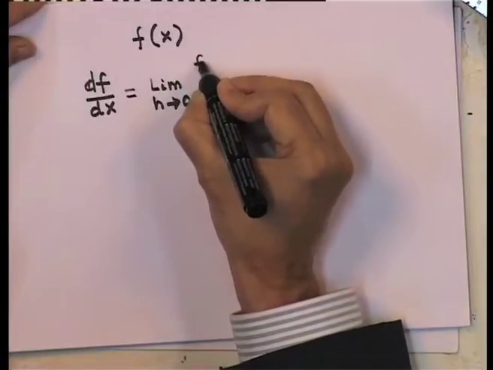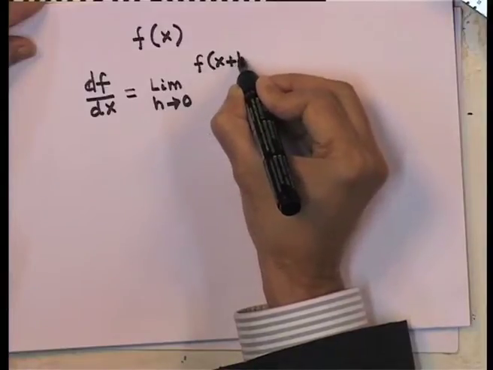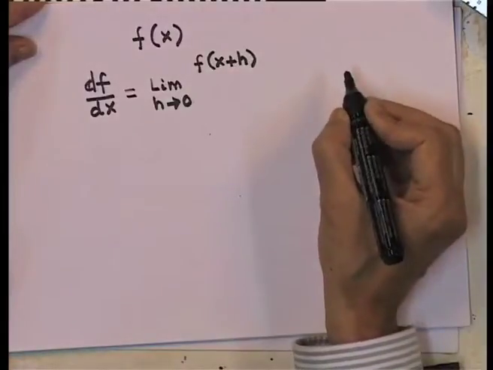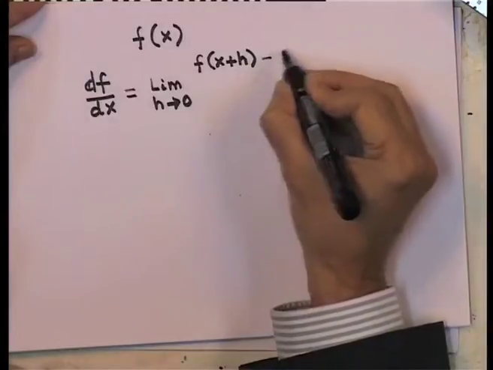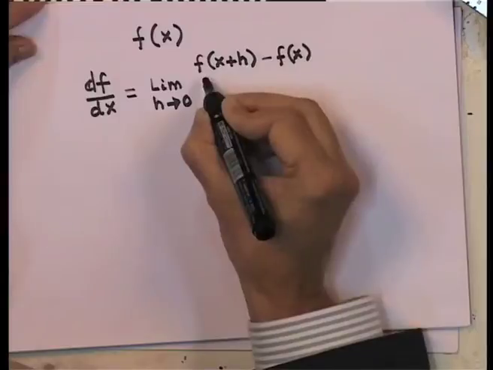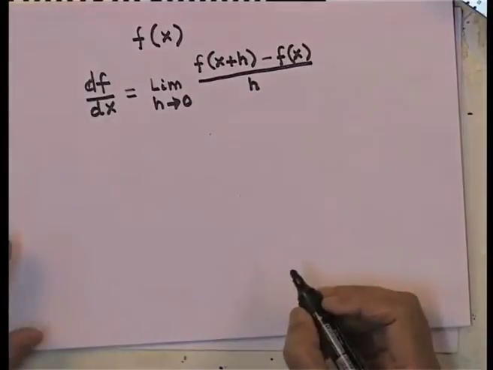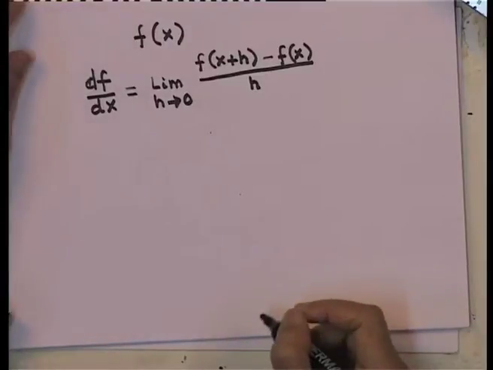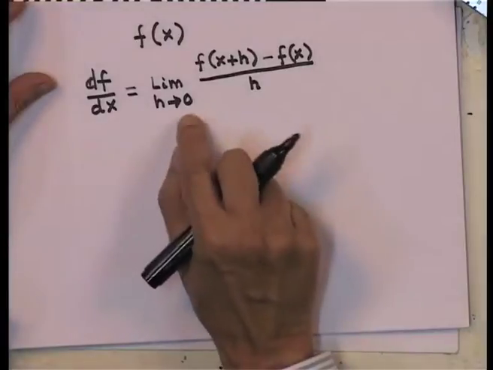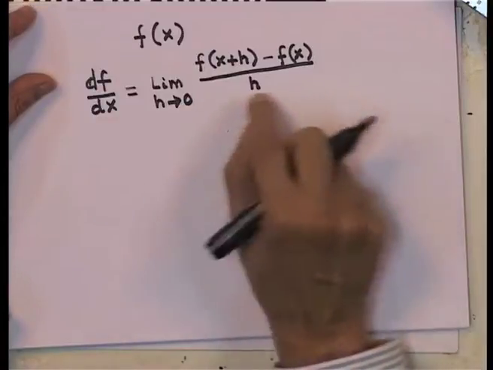I take the value of the function f at the point x plus h, where h is a small quantity, subtract from it the value of the function at x and divide it by the increment h. And when you take the limit of h going to 0, this is my definition of a derivative.